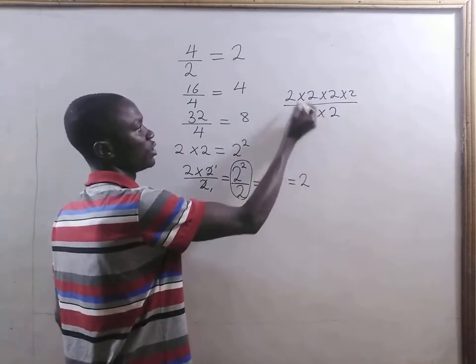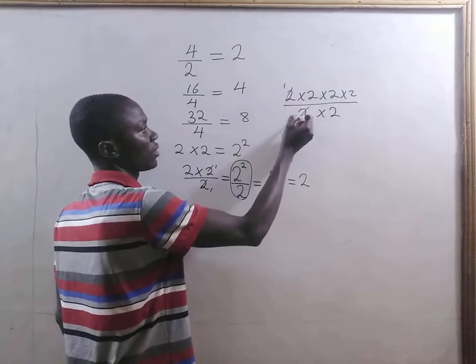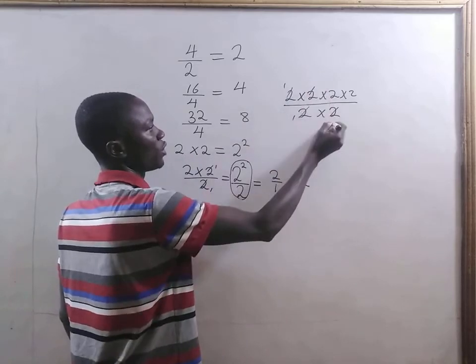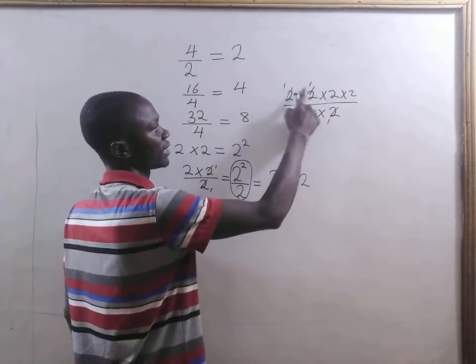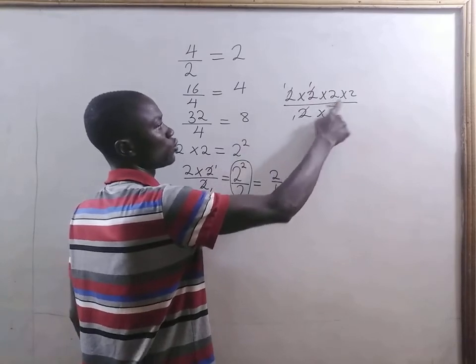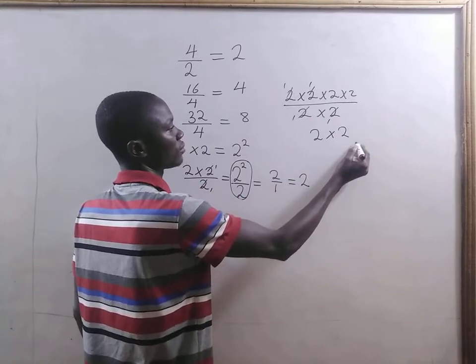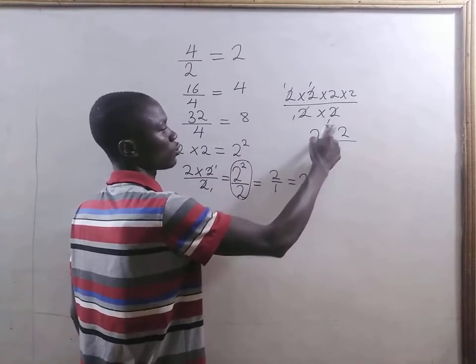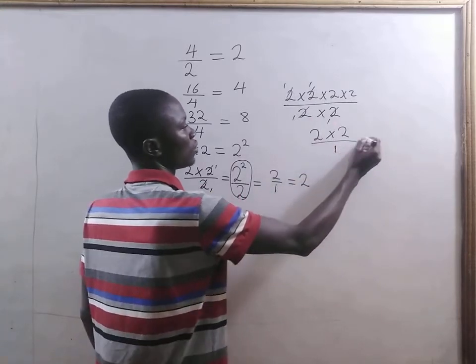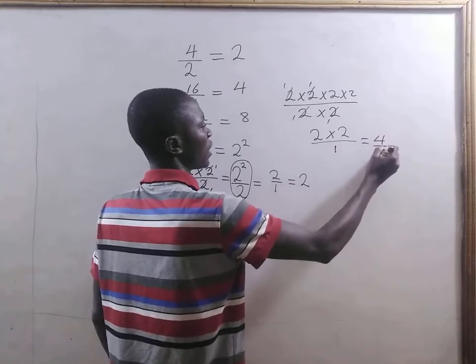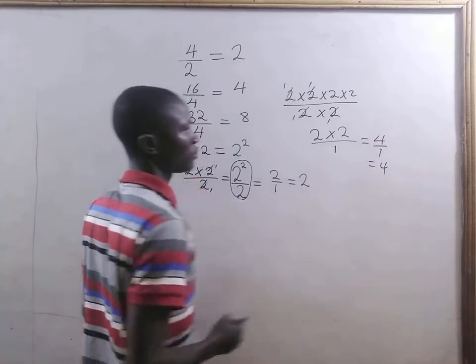So here these 2 will divide these 2, we have 1, 1. These 2 divide these 2, we have 1, 1. So 1 times 1 is 1, times 2 times 2. We're going to get 2 times 2, all divided by 1 times 1 is 1. So we are going to get this one as 4 divided by 1, which is equal to 4.